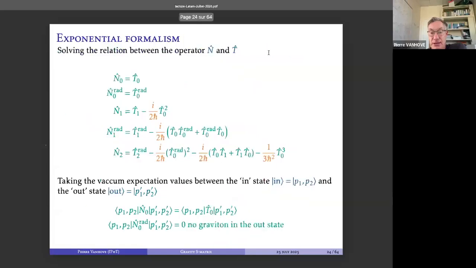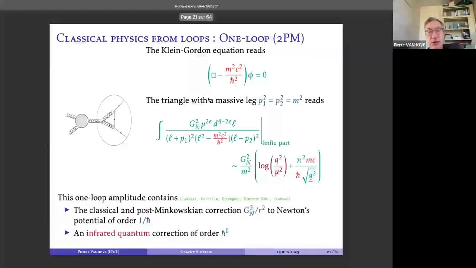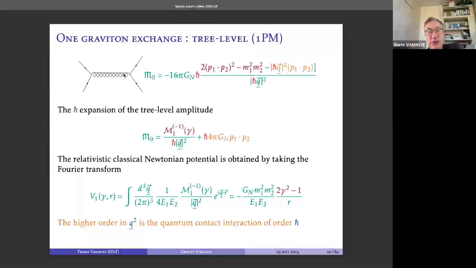This guy here comes from t0 squared. t0 is the tree level amplitude. So each of the t0 is this. This is what I call t0, but you have to rotate it by 90 degrees.